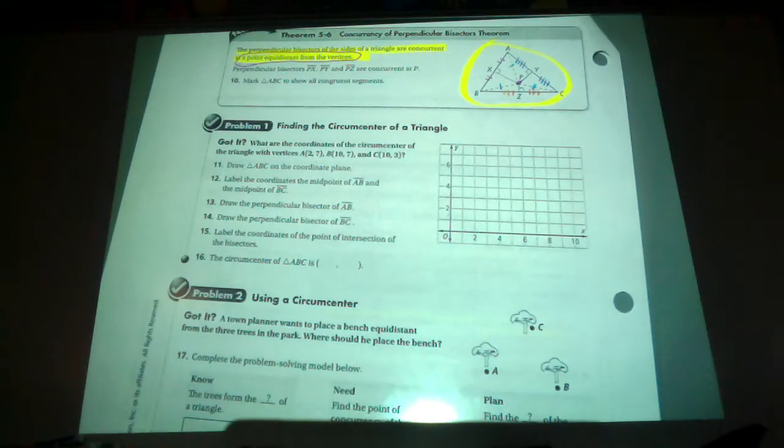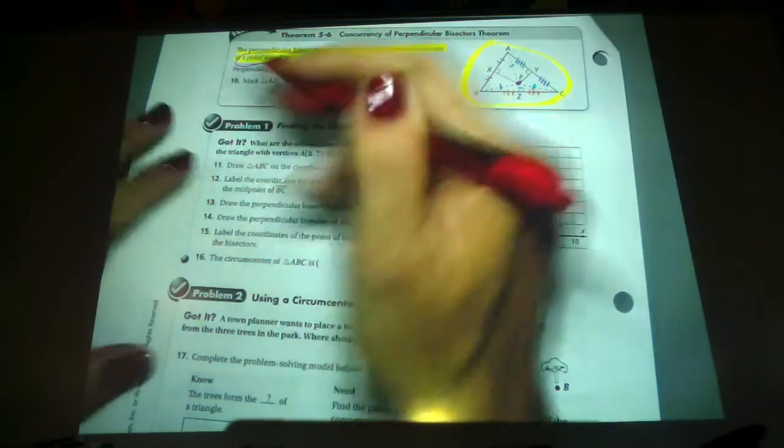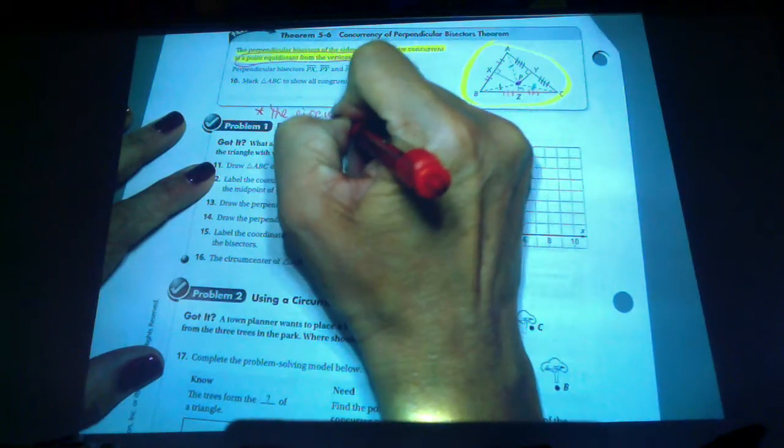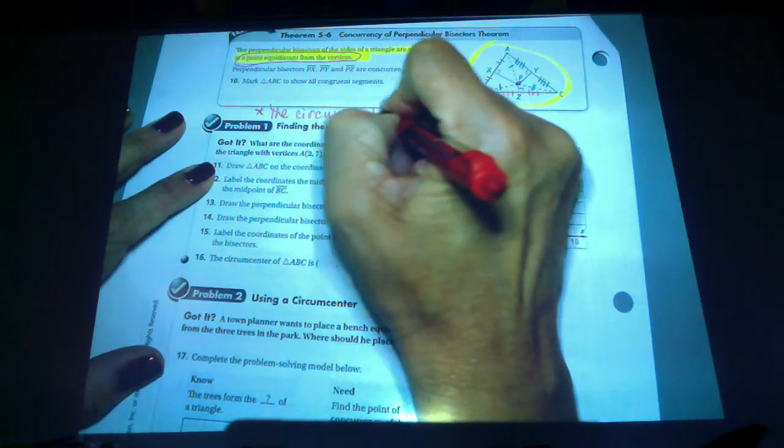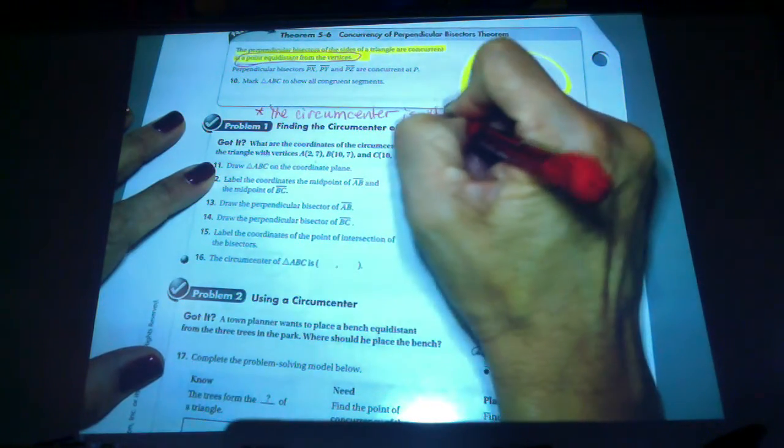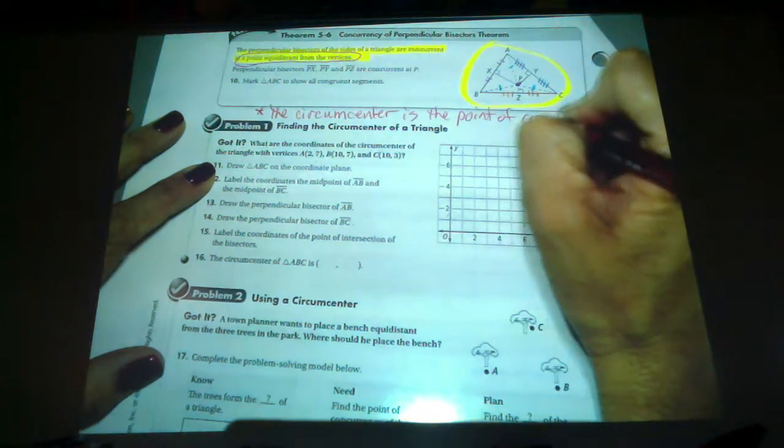All right, so look at problem 1. What are the coordinates of the circumcenter? Well, what the heck is the circumcenter? That is your point of concurrency. So you might want to write up here: the circumcenter is the point of concurrency.